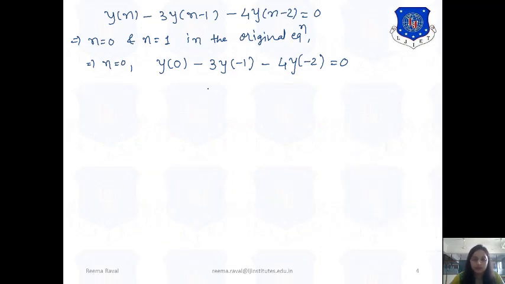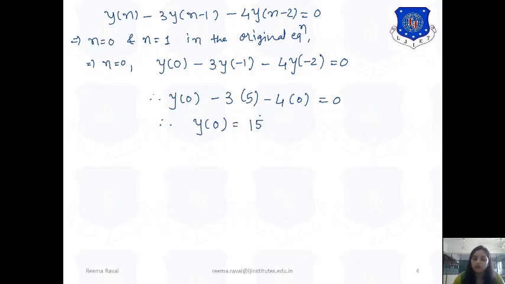So here y of 0 minus 3 times 5 minus 4 times 0 equals 0. We can shift this to the right side so that we can get the value of y of 0. So that becomes 3 into 5, 15, and this becomes 0. So we will get y of 0 equals 15, right?